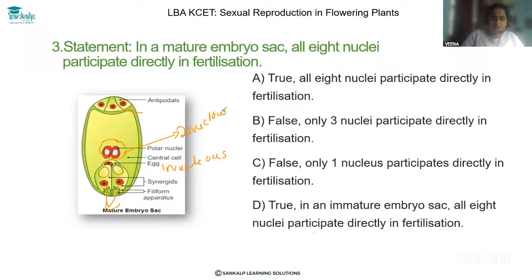So during fertilization, the pollen tube enters through the micropyle, and the synergids guide the pollen tube.